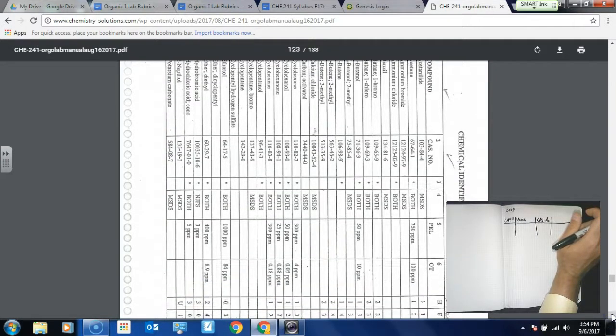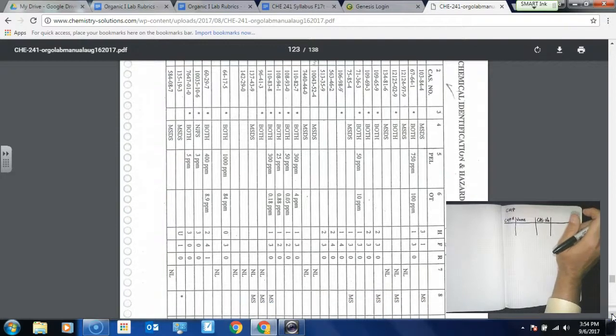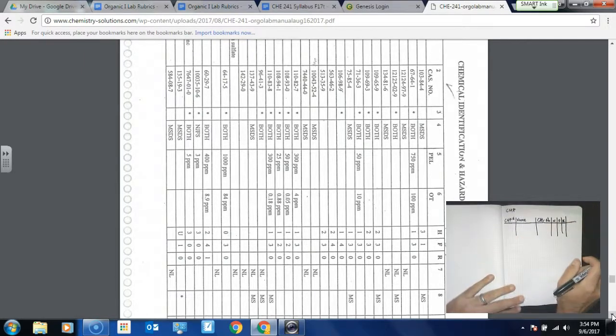Okay, scroll down a little bit. Okay. You're going to do the health, flammability, and reactivity rating. Okay.